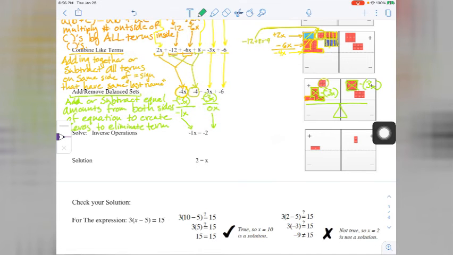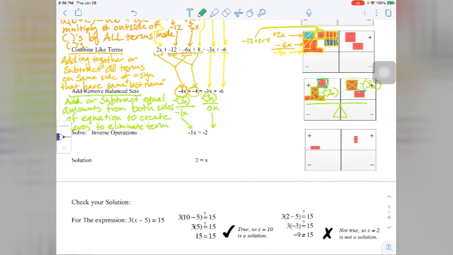Furthermore, I see more things that I can remove. When I look at both of these, I also have negative 4 on that side, and negative 4 on this side that I can get rid of. But this time, instead of subtracting negative 4, I'm actually going to add a balanced set. I'm going to add 4 to make a 0. If I have negative 4 and I add positive 4 to it, that makes 0.